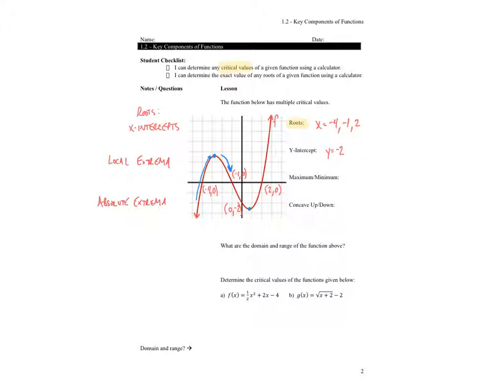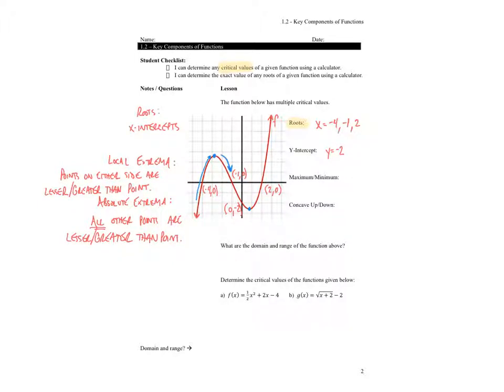All right, so local extrema are going to refer to just one point in the graph, you must have points on either side of that point that are either all lesser or all greater than that point. All right, but if we're talking about an absolute, that means all other points are lesser or greater. Okay, so the key word here is all if we're talking about absolute.